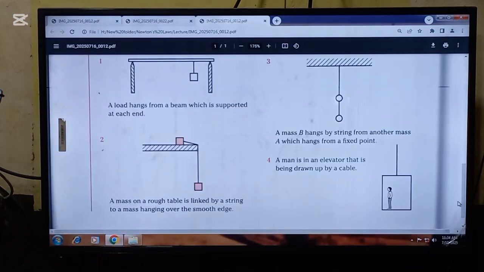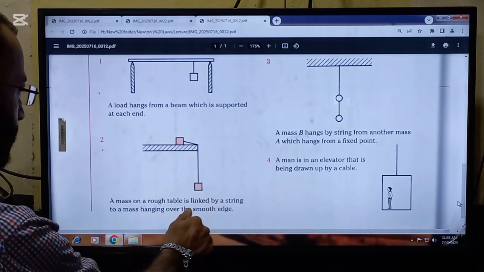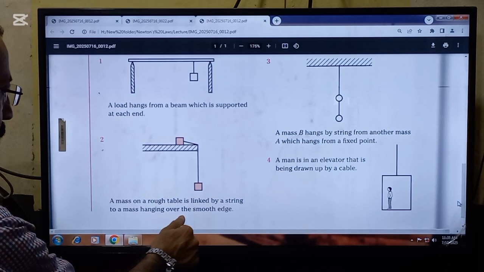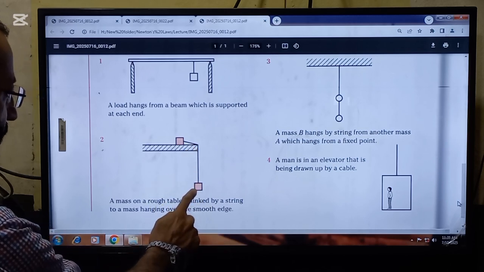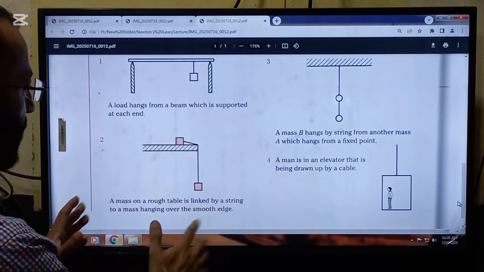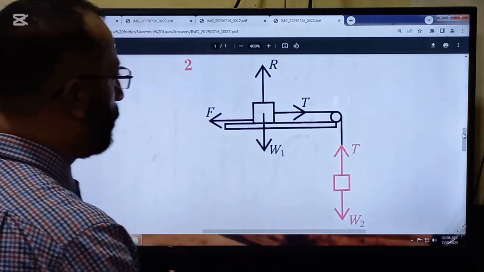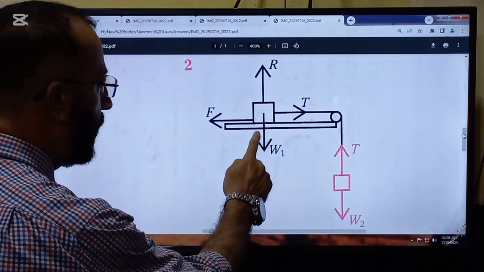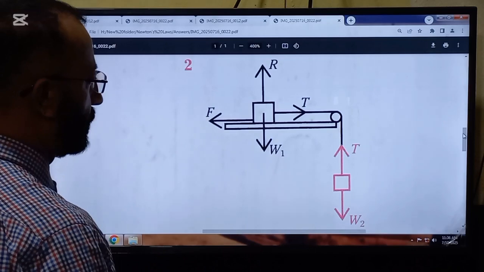Here is question number 2. A mass on a rough table is linked by a string to a mass hanging over the smooth edge. So the table is rough, and the edge is smooth. Here is the second body that is hanging with this string. Again the requirement is to draw all the forces. The weight of this object will act downward, and in reaction the table will put an equal reaction in the opposite direction.